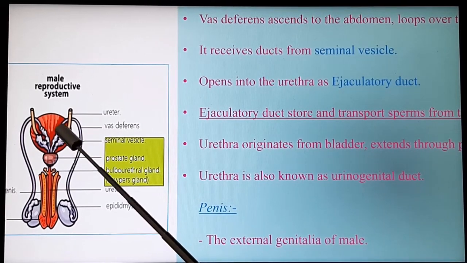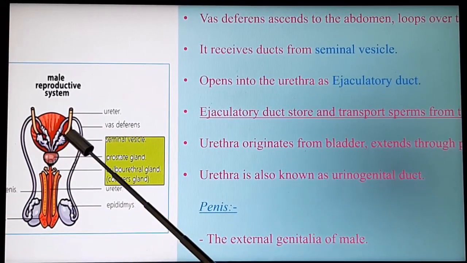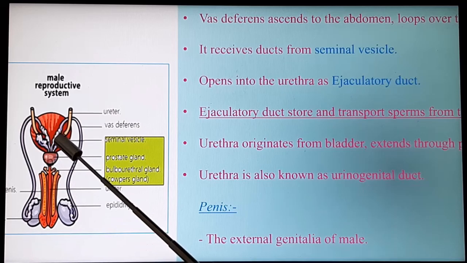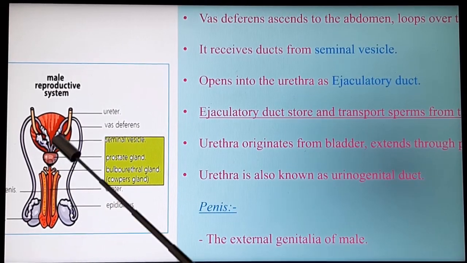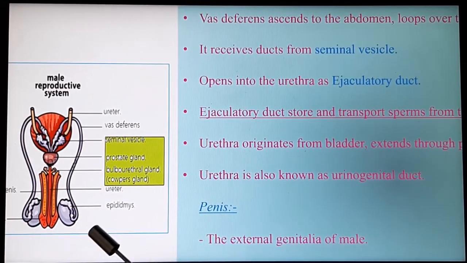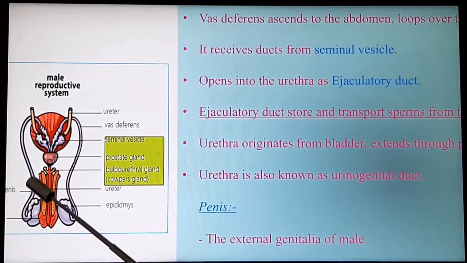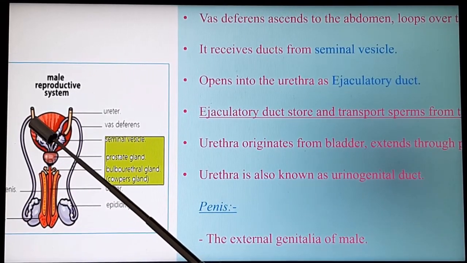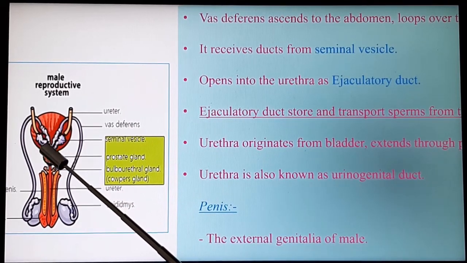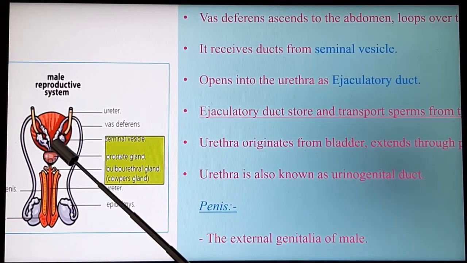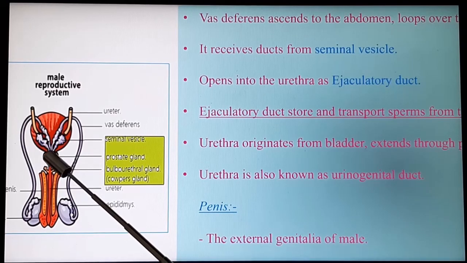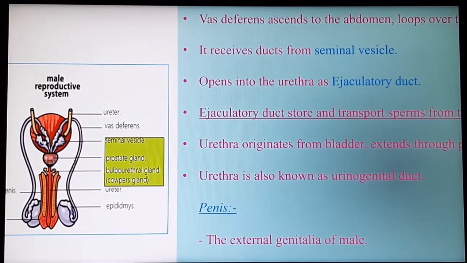This is a view from the backside of the urinary bladder. Okay, is it clear to you? I hope it's clear to you. The duct which leaves from the testis is the sperm duct or vas deferens. From both sides they are united here and it is opening into the urethra.